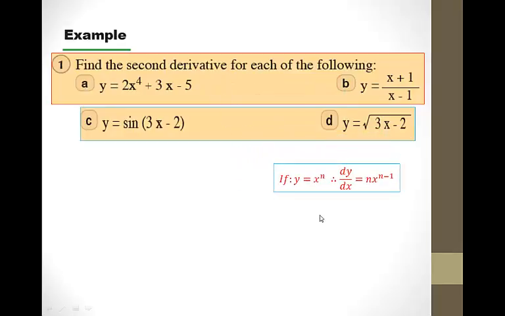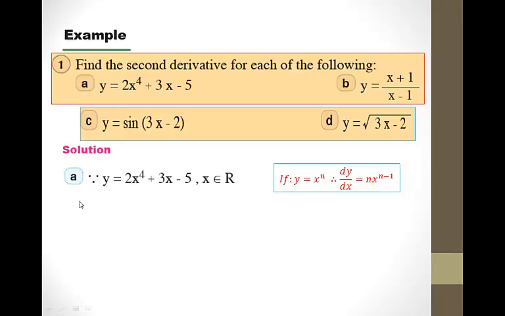First, you have to remember the rule of differentiation. If y equals x power n, then dy by dx equals n multiplied by x power n minus 1. Solution.